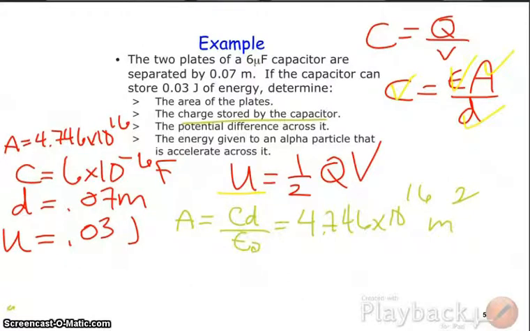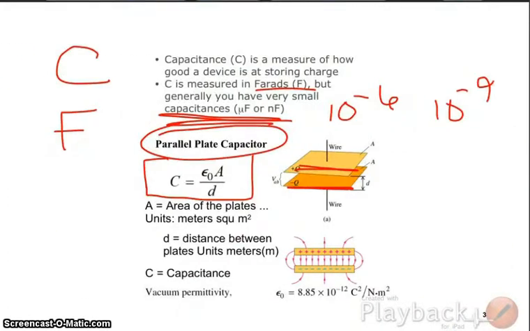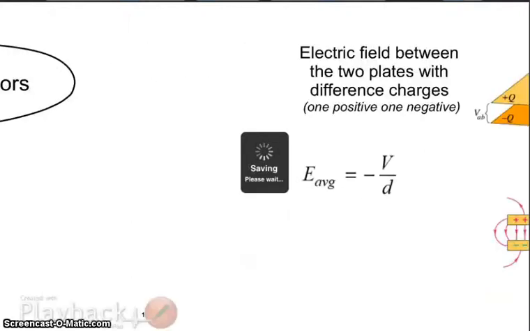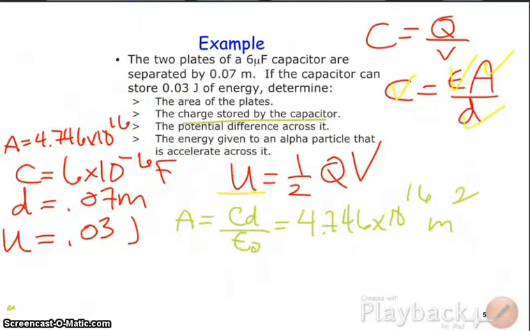The next question asks about the charge stored on the capacitor. Now, this is going to get a little bit trickier, because if you look at it, all of our equations with charge have potential difference, V, involved. We don't see anything where V is not involved. Which means that all of our equations are going to have two unknowns, or we're going to have to find V first.